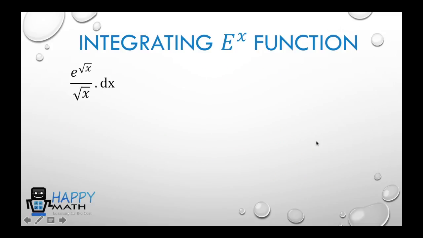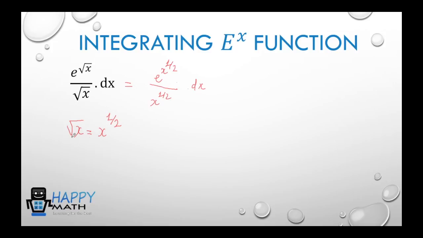And now this is harder. You should understand that the square root of something, or the n-th root of something, is a power number, and the power here is 1 over 2 because this one is a square root. So I can change this one to e power to x power to 1 over 2, divided by x power to 1 over 2, times dx.